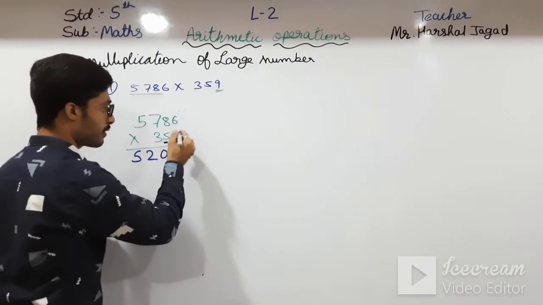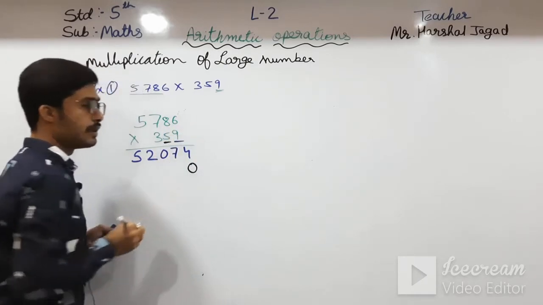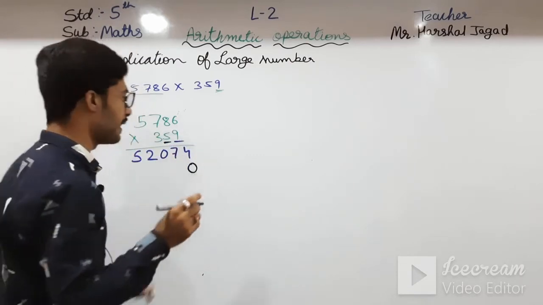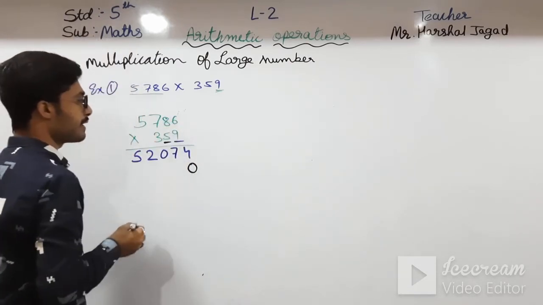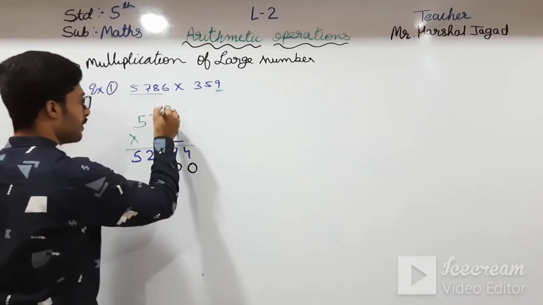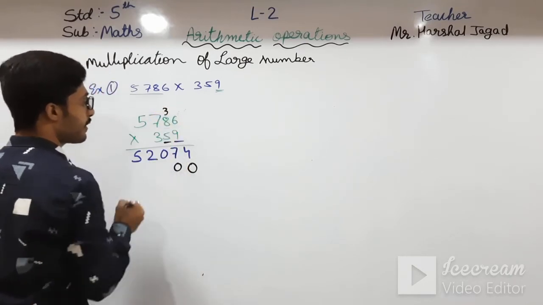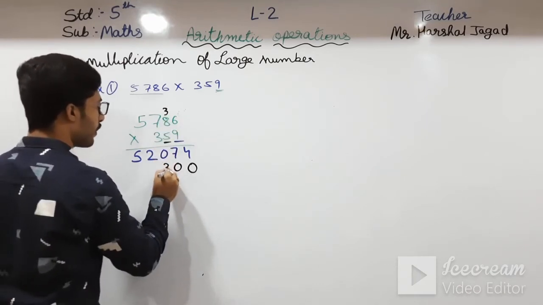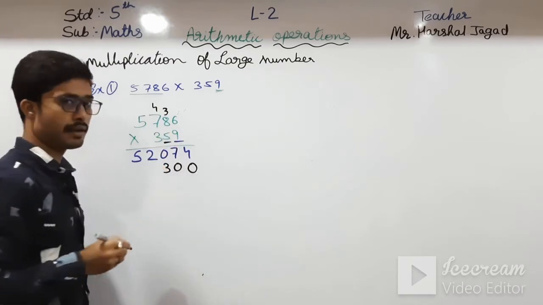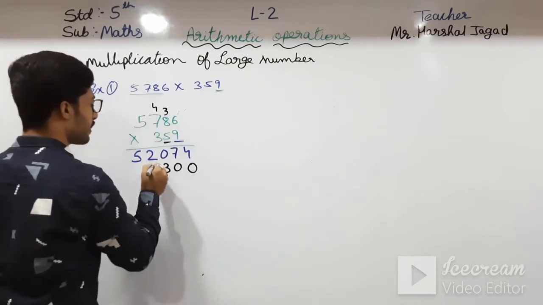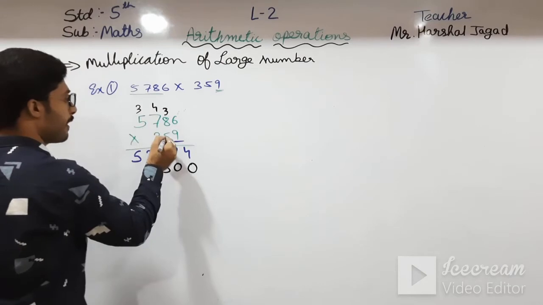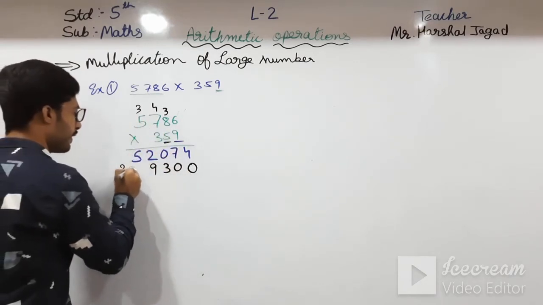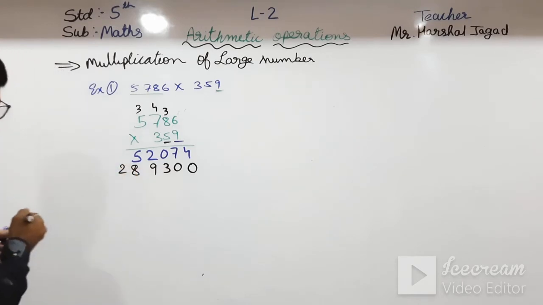First of all we have to put a 0 here because we are multiplying in the tens place. 6 5s are 30. 8 5s are 40 plus 3, that is 43. 7 5s are 35, 35 plus 4, that is 39. 5 5s are 25, 25 plus 3, that is 28.